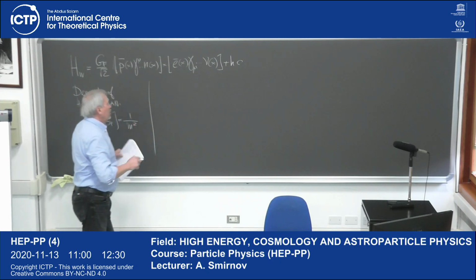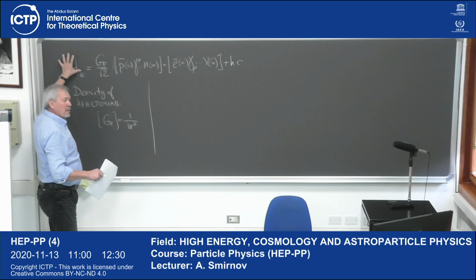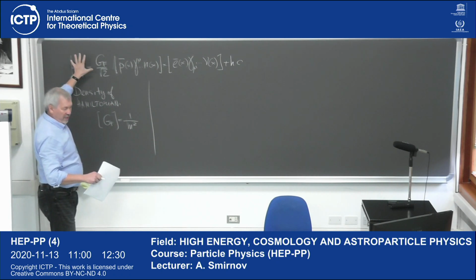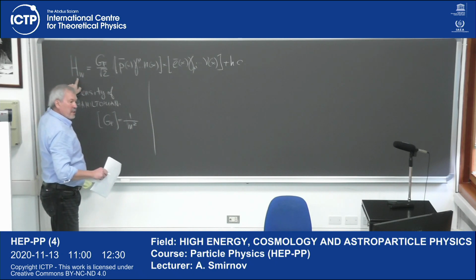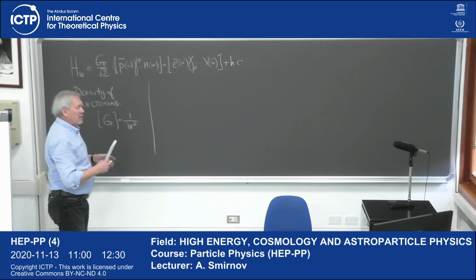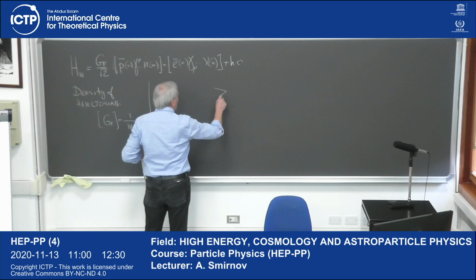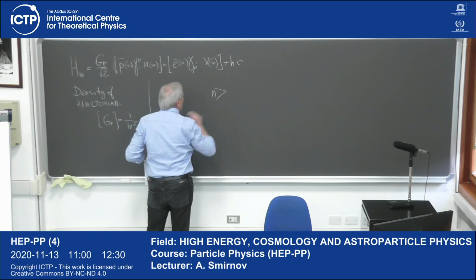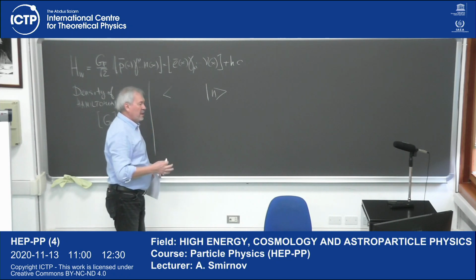And by the way, let me also comment on why we say that once we know the Hamiltonian or Lagrangian, we know everything. The point is that if you know the Hamiltonian or Lagrangian, you can compute matrix elements between different transitions. And here we deal with the transition between the initial state, which is the neutron, and we are discussing beta decay.